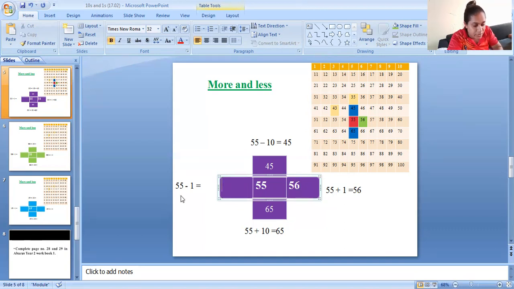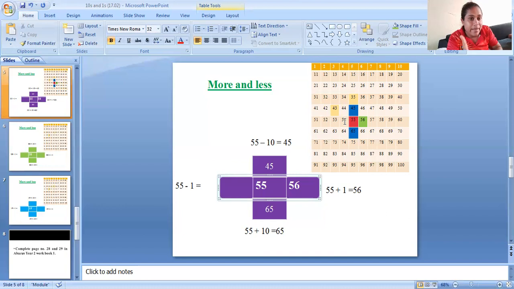And here I should find the number that is 1 less than 55. To find the number that is less than the given number, we should count backward. 55 I have already marked on my 100 square. Now I am going to count 1 backward, because I need to find the number that is 1 less than 55. So only 1.